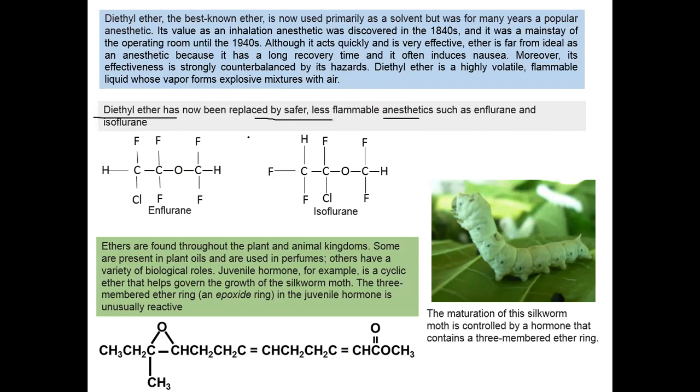It was not easy to control because you need to control the patient under anesthesia, but it's using diethyl ether. It was not that easy to control, so it was substituted by isoflurane, this one.